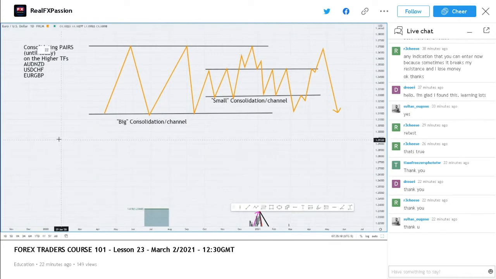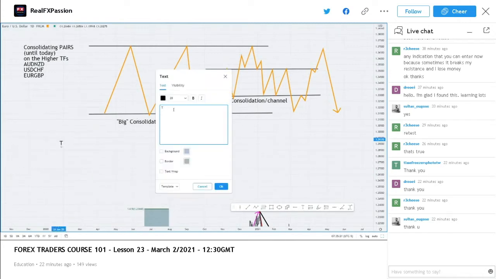And remember, trading concepts. Number one, consolidation is going to end one day or another. It is a part of the overall structure.